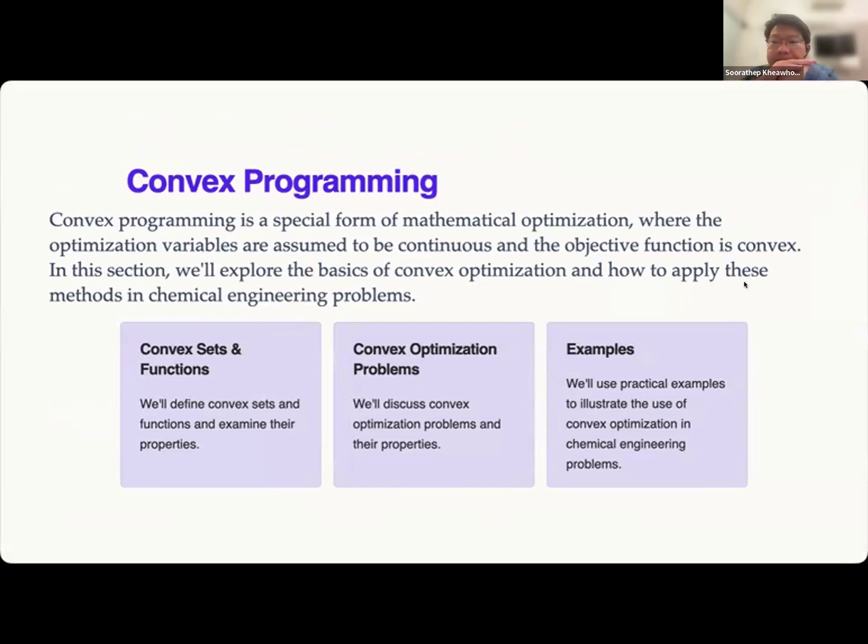Do you have an idea about convex function or non-convex function? Have you ever heard this word before, convex function? Any one of you? Yes. Do you know convex function?